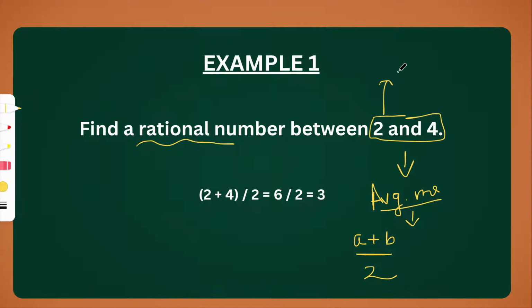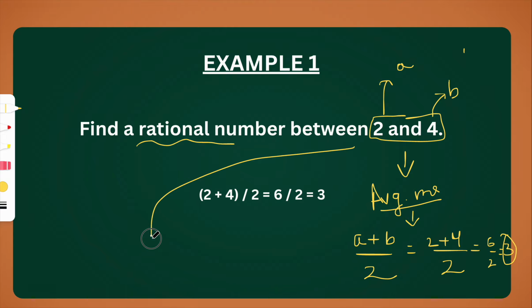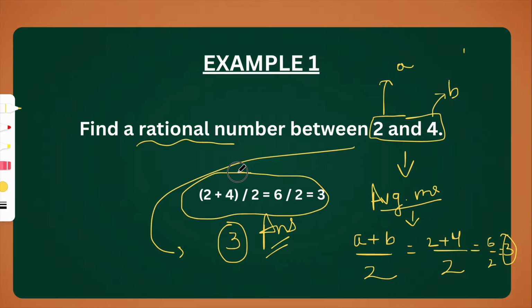Here a is 2, b is 4, so basically (2 + 4)/2, that is equal to 6/2, and 6/2 is equal to 3. Therefore, a rational number between 2 and 4 is 3. This method is known as the average method. Got it?